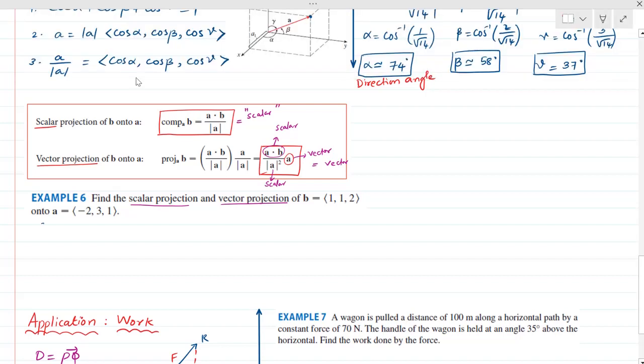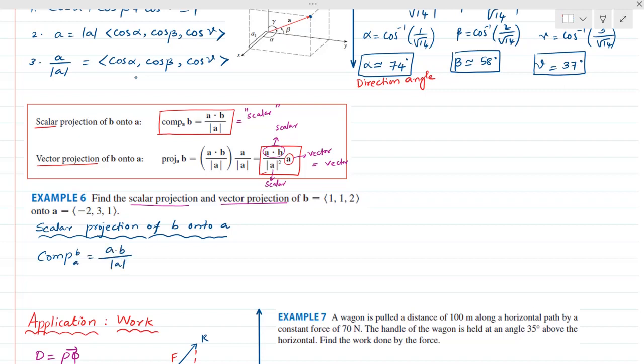First, the scalar projection of B onto A, which is given by the dot product of A and B over the length of A. So what is the dot product here?